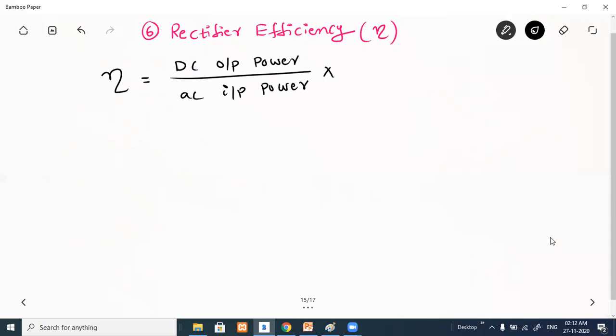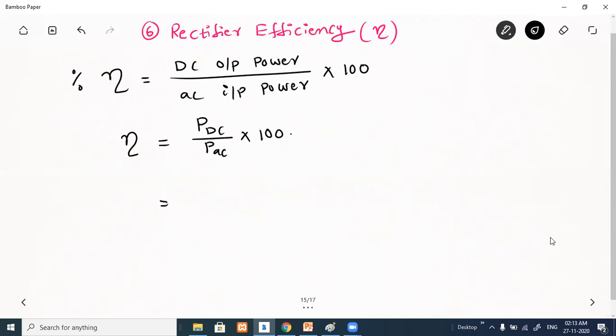In general, efficiency is expressed as a percentage, so multiplied by 100. So the efficiency is equal to PDC by PAC into 100. We already calculated PDC and PAC. If you divide those two expressions, then we get the expression for efficiency.